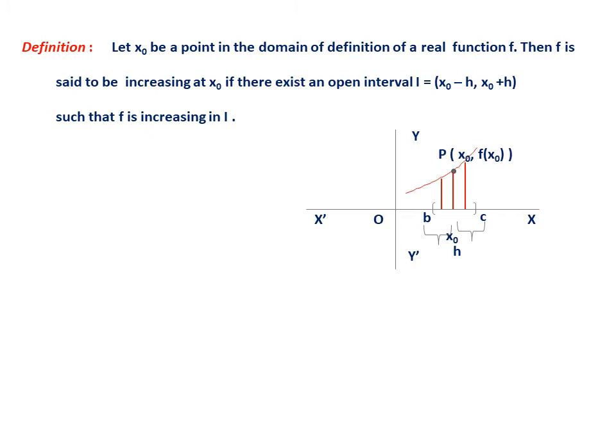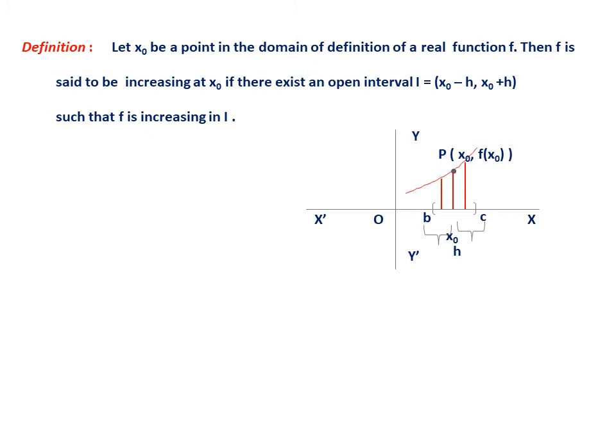That means you take any small value h, x0 minus h is a point which is left of x0, and x0 plus h is a point which is right of x0. So in the entire interval BC, the function is increasing. Therefore, this is the meaning of the function increasing at a point.